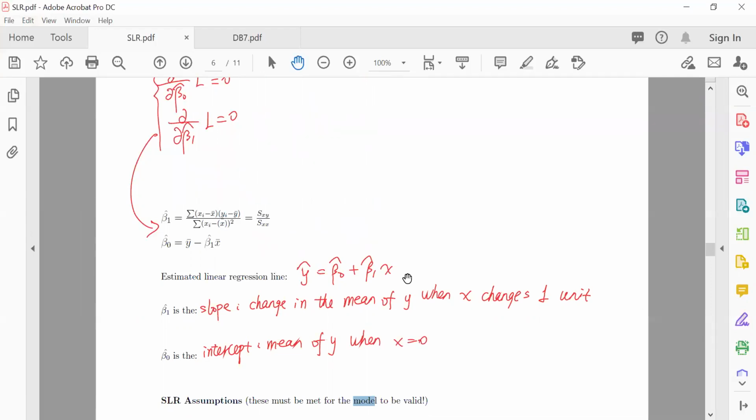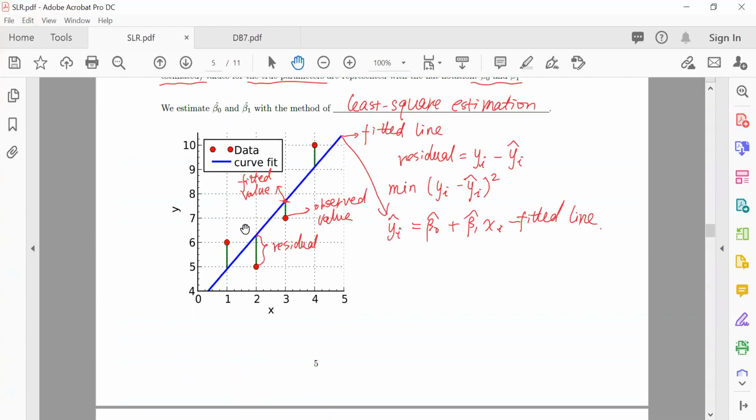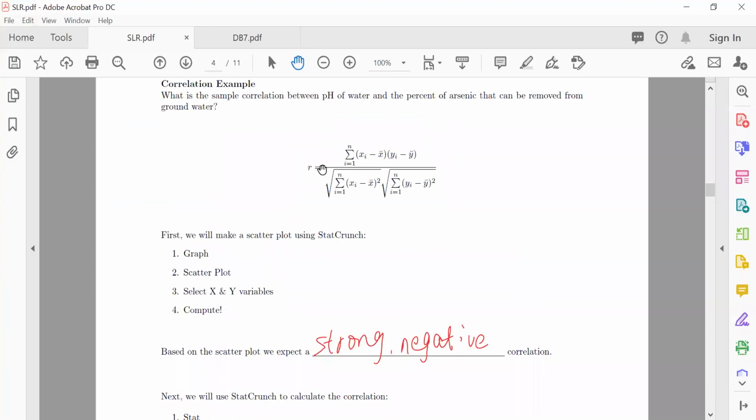There is also another thing I would like you to take a look at. This is the formula for beta 1 hat and beta 0 hat. You don't really need to remember all those formulas, but there is one thing. Take a look at this formula and take a look at the formula for R, the correlation. What do you notice? You see that the numerators are the same and the denominators are always positive.